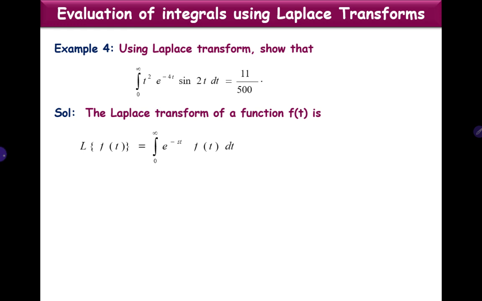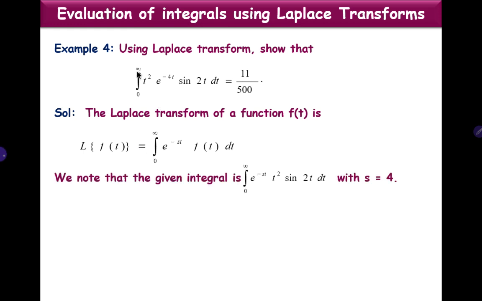Take the definition of Laplace transform and write the given integral 0 to infinity t square e power minus 4t sine 2t dt as integral 0 to infinity e power minus st t square sine 2t dt, where s is equal to 4 because we have e power minus 4t here.